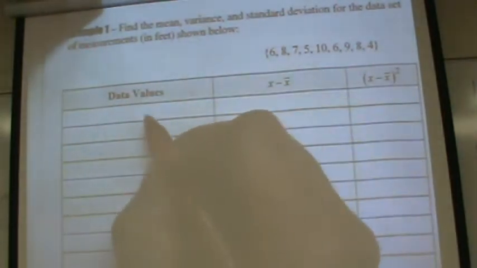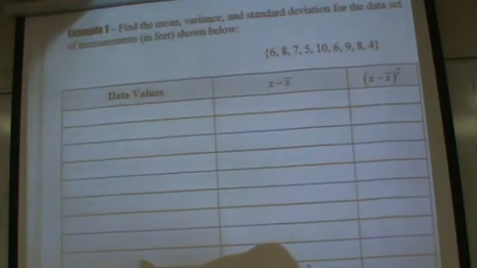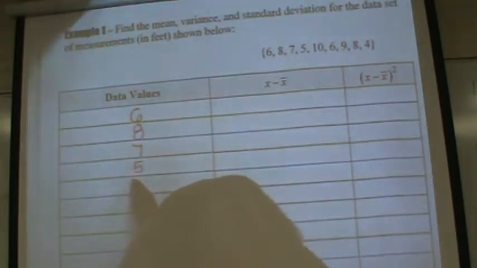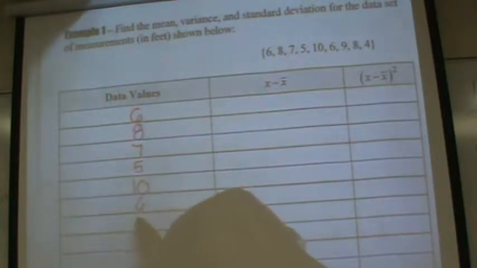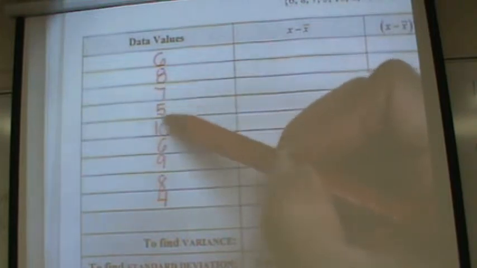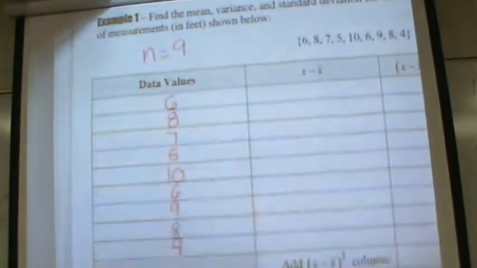It does not matter what order. Can you tell me how many data values we have? How many are there? 1, 2, 3, 4, 5, 6, 7, 8, 9. So the N value is 9.